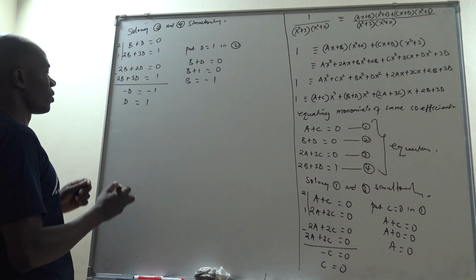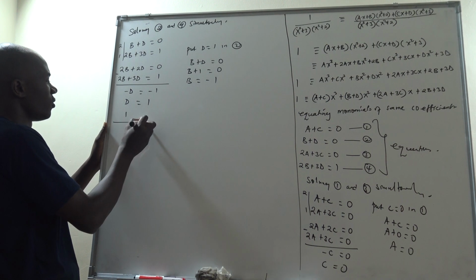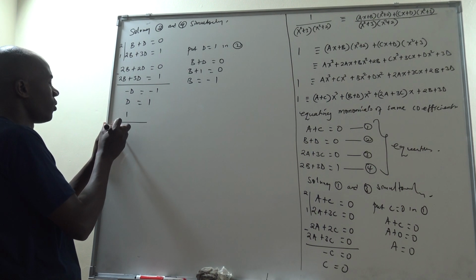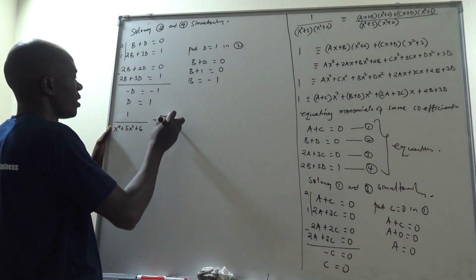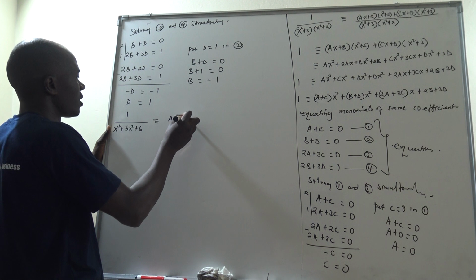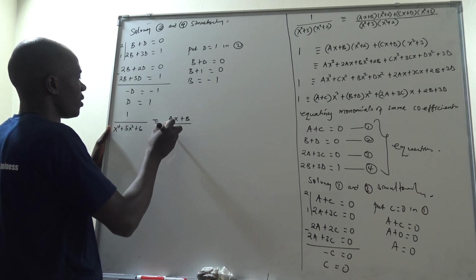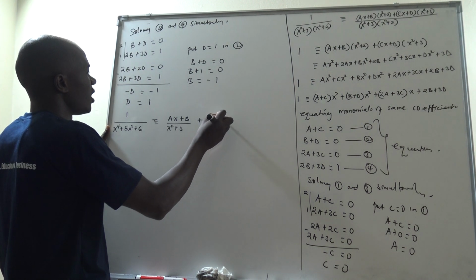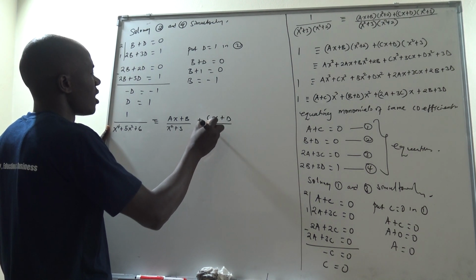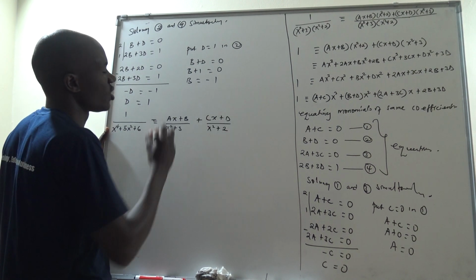So what was the question saying? We said 1 out of x to the power 4 plus 5x squared plus 6 was the same as ax plus b out of x squared plus 3 plus cx plus d out of x squared plus 2.